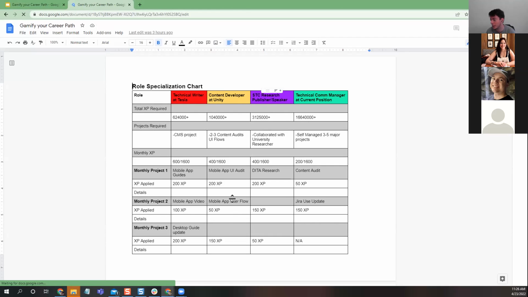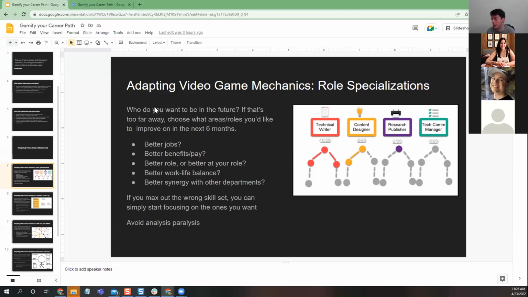I'm going to share this list with you guys. That's one way to start thinking about what 3 to 4 roles or areas you want to improve upon in your career. Sometimes just don't overanalyze it. Think very basically about what five current roles I would want to improve upon, and what I want to get better at.